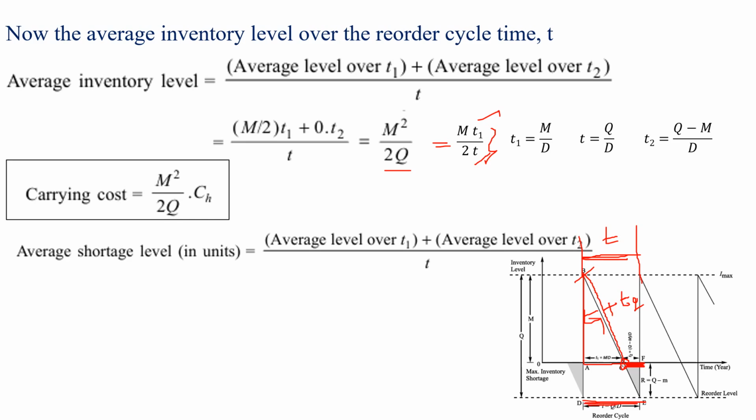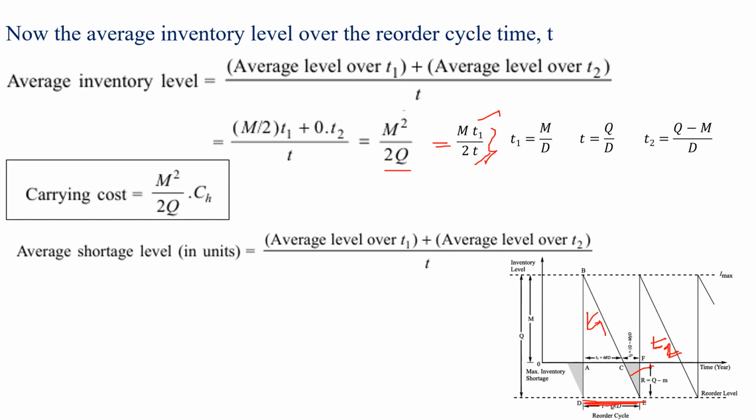So we have to consider the average shortage. First we consider how much shortage there is. We are considering the time period T1, and in the T1 time period the average level of shortage. Similarly, in the T2 time period, we have to consider the average level of shortage.